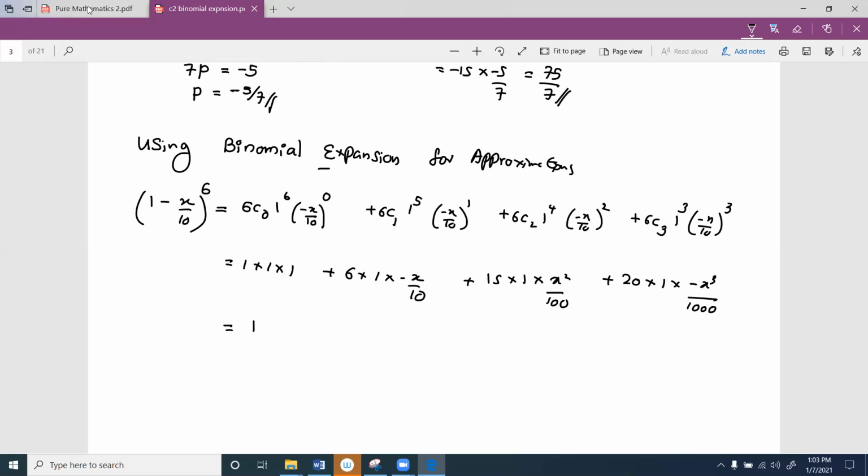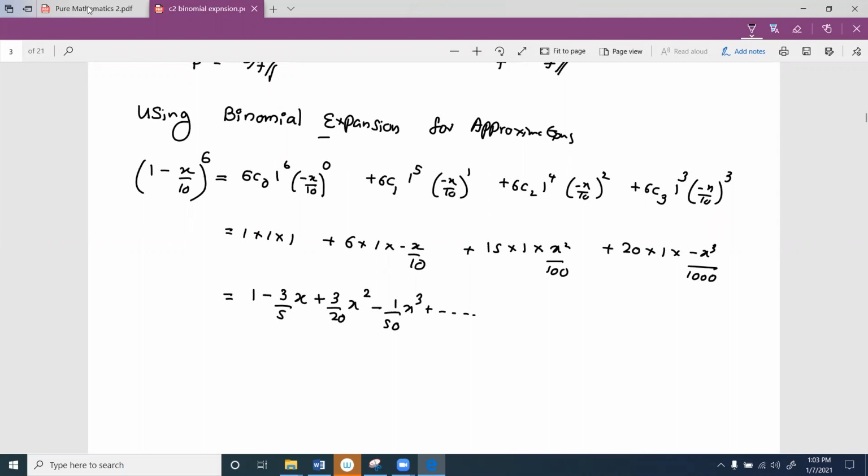So 1 minus 6 over 100, you can say minus 3 over 5 x. 15 over 100, if you simplify this, turns out to be 3 over 20 x squared, minus 20 over 1000, so it turns out to be minus 1 over 50 x cubed. It goes on to infinity, but you only need to write up to this extent.